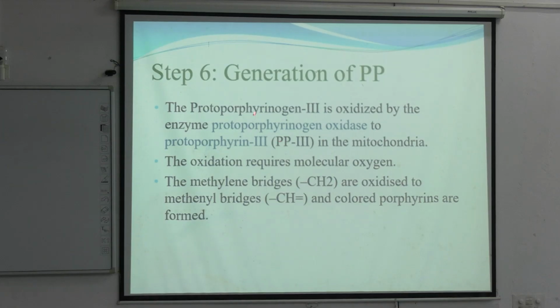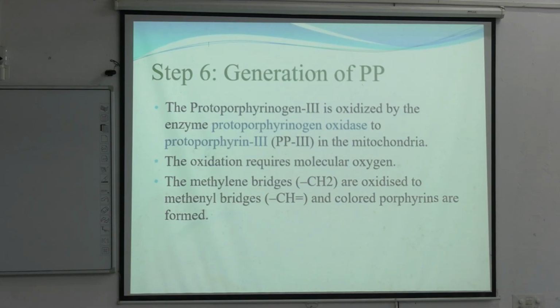Next, synthesis of protoporphyrin. Now we are making protoporphyrin. What is the difference between porphyrinogen and porphyrin? It is the linking bridge. In the previous steps, until porphyrinogen, the connecting linking bridge was not a double bond bridge.